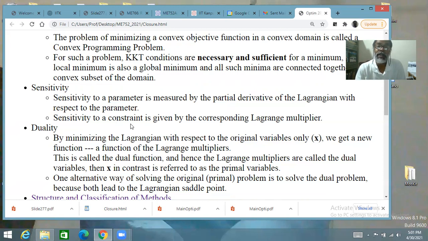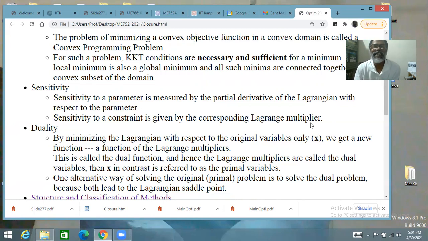Now sensitivity to a constraint is given straight by the corresponding Lagrange multiplier. In fact, this theme has come up once in a while in our discussion of the optimality criteria also, because if the Lagrange multiplier is 0, that means there is no effort needed to satisfy the constraint. That means the sensitivity is 0.